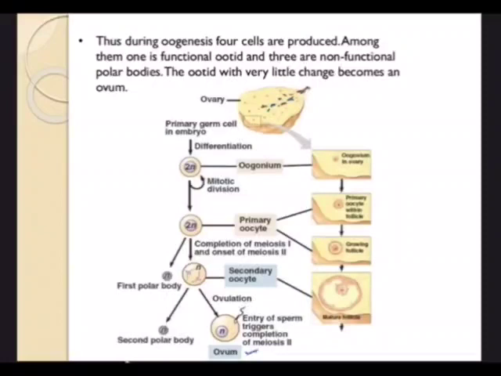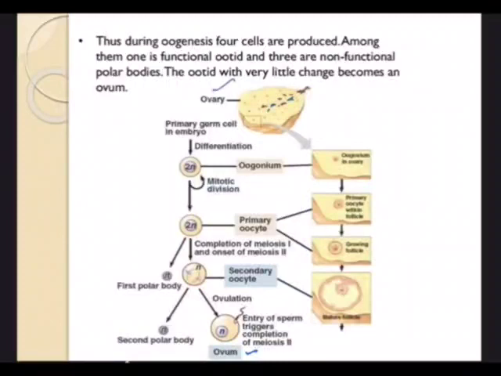Look at this, this is the functional ovum. So thus, during oogenesis, 4 cells are produced: 3 polar bodies and 1 functional ovum. The functional ovum is the female gamete, the female reproductive cell.